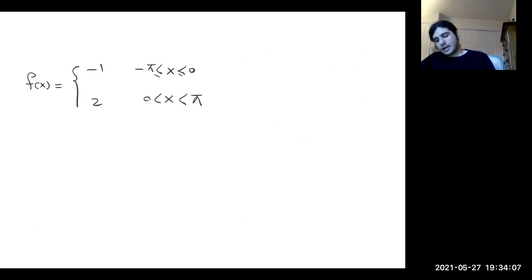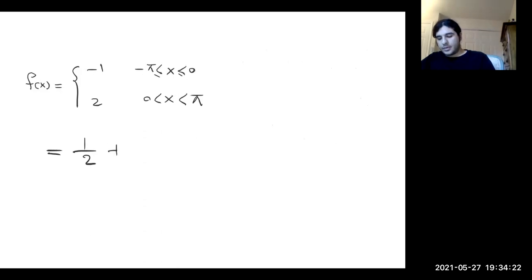Yes. So the function f of x we had, f of x equal to minus 1 and 2 for x between minus pi and 0 and 0 to pi. If you want to write it as a Fourier series, the a naught was 1 over 2. The coefficient an was 0.